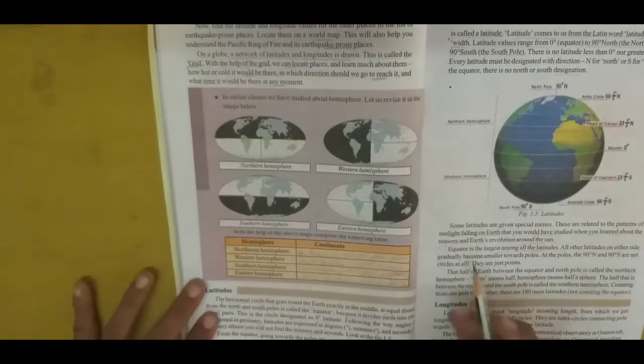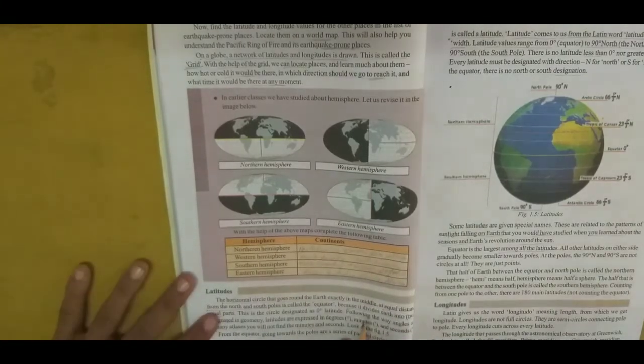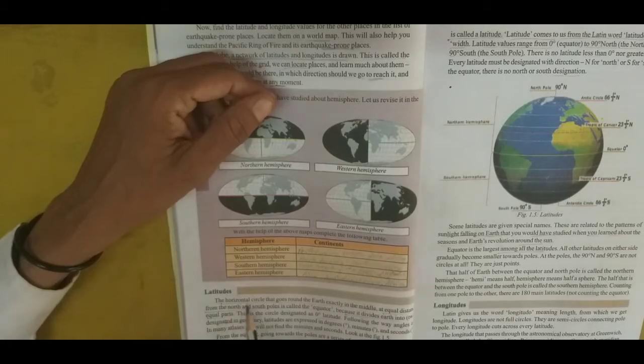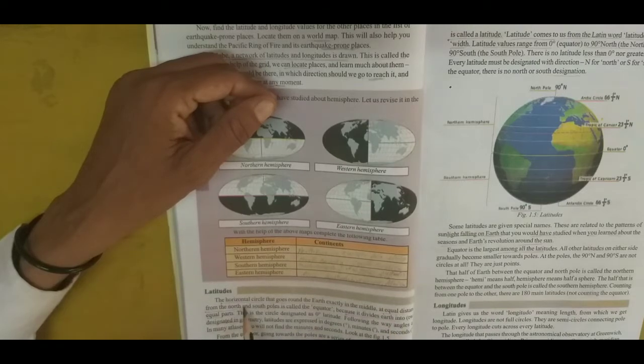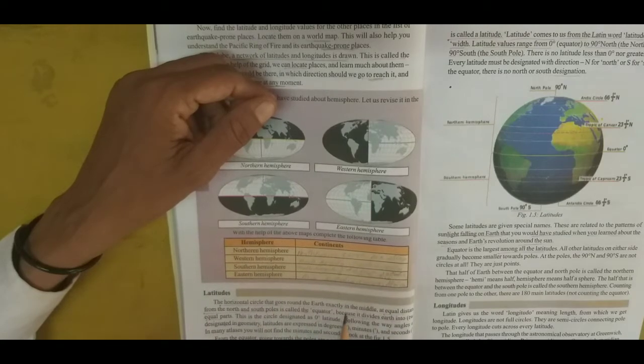Coming to latitudes, from here you have to listen very carefully, my students. Underline: the horizontal circle that goes around the Earth exactly in the middle, at equal distance from the North and South Pole, is called the equator, because it divides the Earth into two halves.